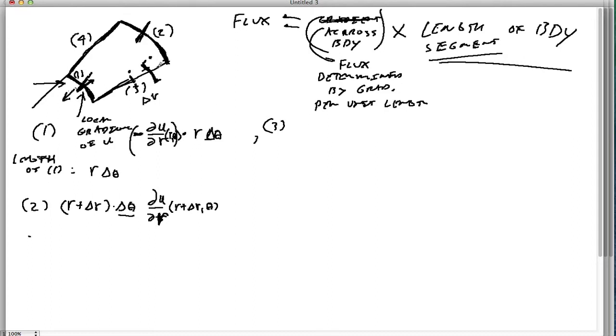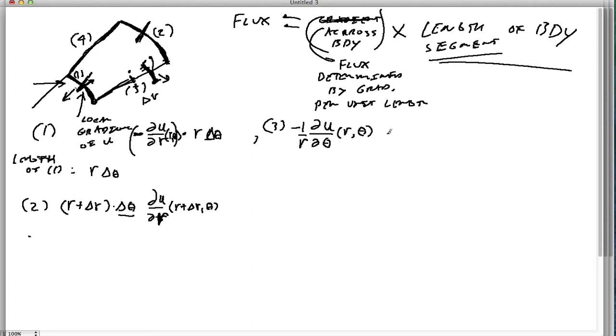If u is bigger on this side and it goes down on that side, then that's going to cause a flux going out, which is going to be negative. So we have a negative partial of u with respect to theta. But we have to multiply by 1 over r to take into account that the amount we go across depends on the radial distance from the origin. We'll evaluate that at r, somewhere in the midpoint, and at theta.